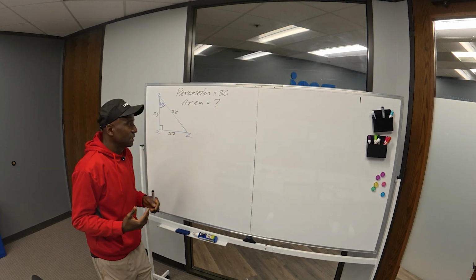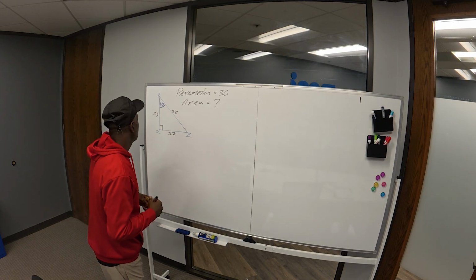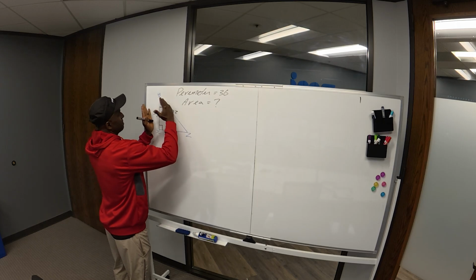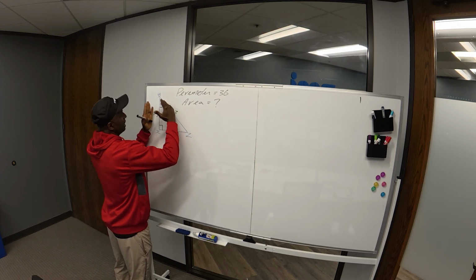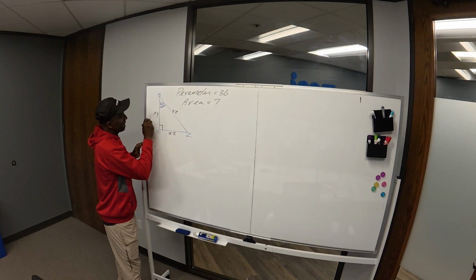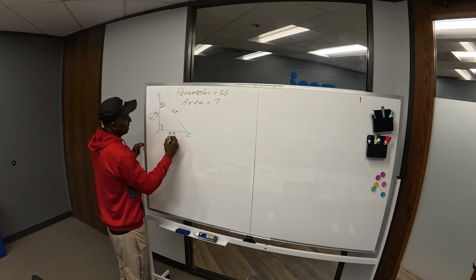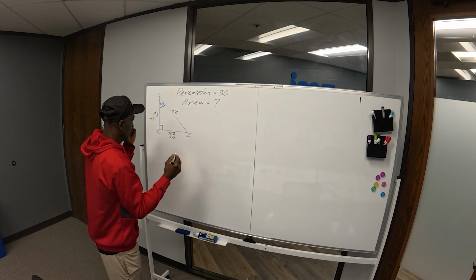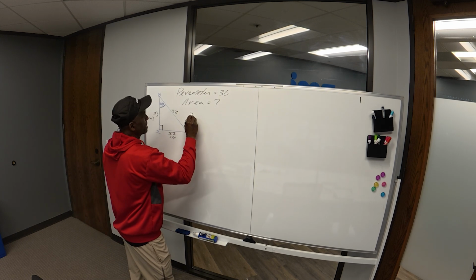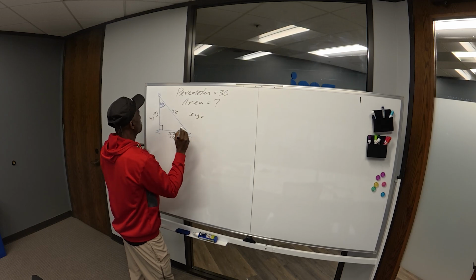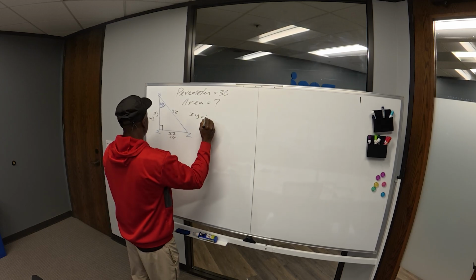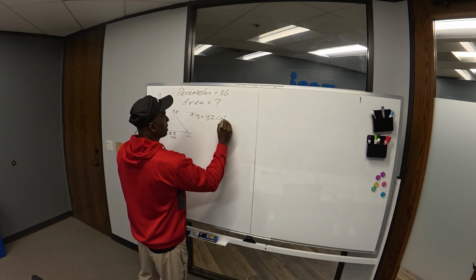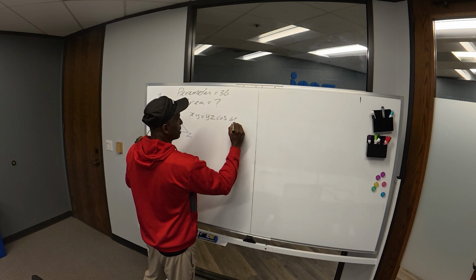Let's get started. Based on trigonometry, we know that if we have an angle, the line that forms the angle with the hypotenuse is the adjacent side, and the other is the opposite. So therefore, we know that XY is equal to YZ cosine of 60 degrees.